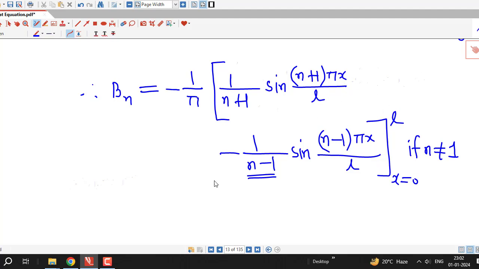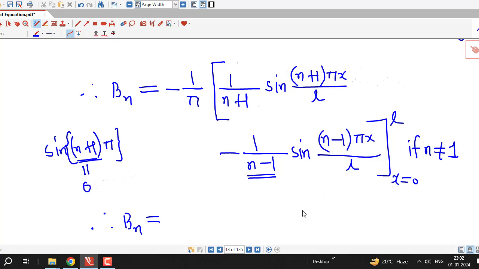First we have to take x equal to L. If I take x equal to L, I will have sine of (n+1)π, since this x equal to L will get cancelled with this L. Now n is a positive integer, therefore n+1 is also a positive integer, and therefore this is going to be 0.